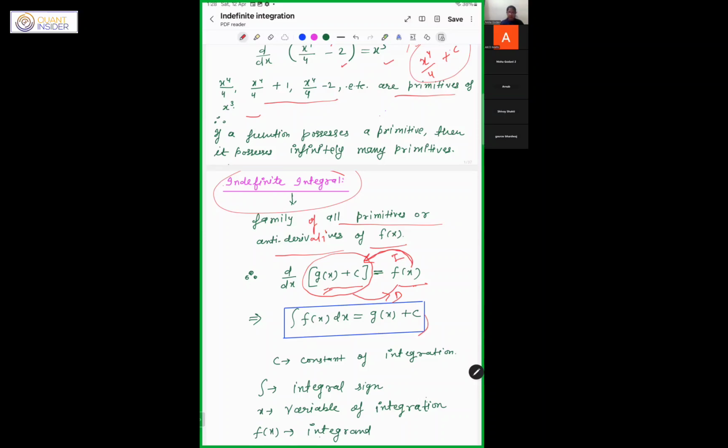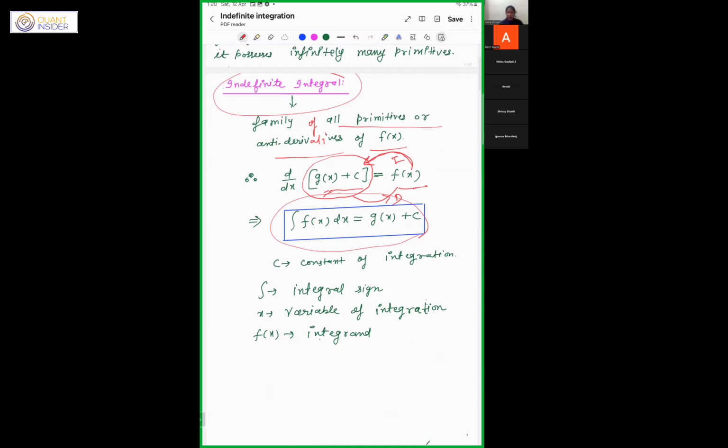So this is the definition of indefinite integration. Integration of f(x) dx is g(x) plus c, the family of all those functions whose differentiation will give you f(x). What is c here? C is the constant of integration.